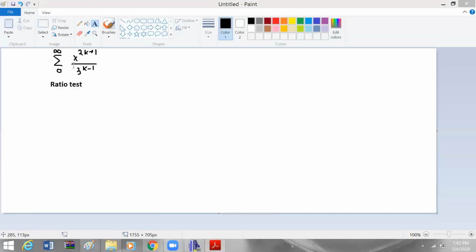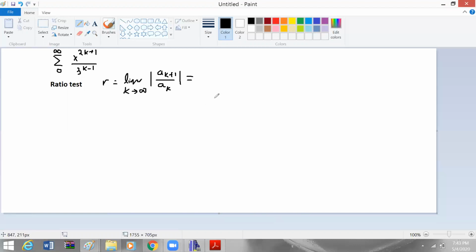So the ratio test says R will be the limit as k goes to infinity of a to the k plus 1 over a to the k. Then we take the limit for that part.